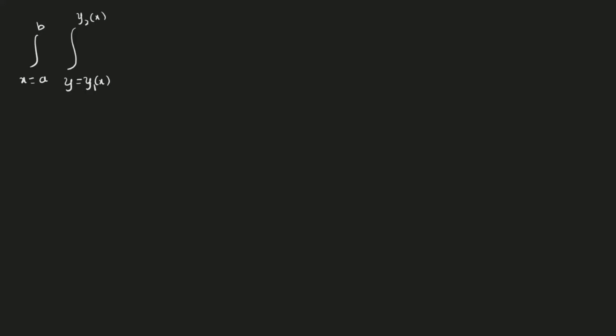Since we are expressing the triple integral, the third variable z is expressed as a function of both x and y, so z equal to z1 of x, y and z2 of x, y. The first integral is z, so dz dy dx. Understood? One has constant limits, another is a function of that variable, and the third is a function of the remaining two. This is how to write triple integrals.